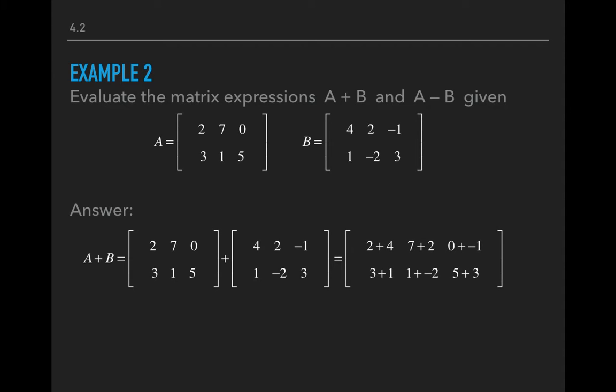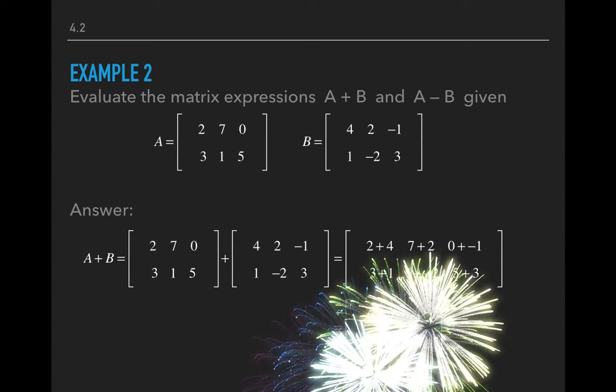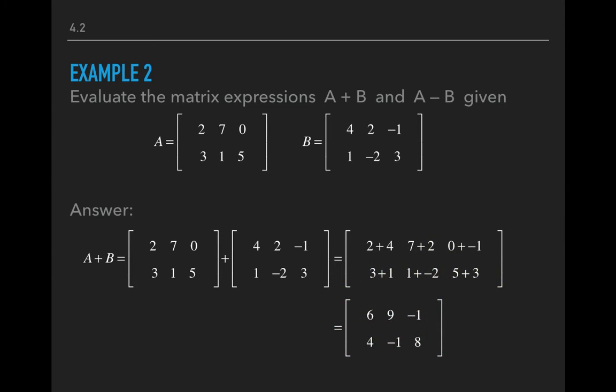That looks like adding 2 and 4 because they are in the same position in each matrix. Adding 7 and 2, 0 and -1, that's that first row. Those corresponding elements there. You'll see in the second row we added 3 and 1, corresponding positions. 1 and -2, those are corresponding. 5 and 3 as well. Then you just simplify, giving you 6, 9, -1 in that first row, 4, -1, and 8 in the second row.